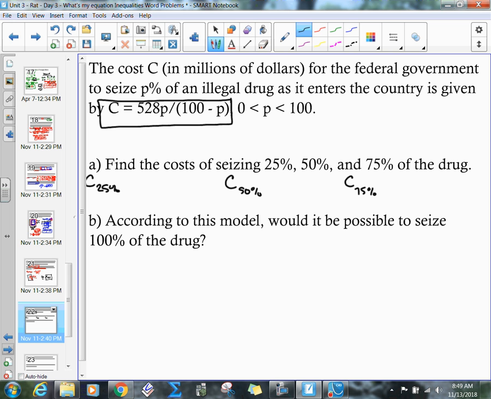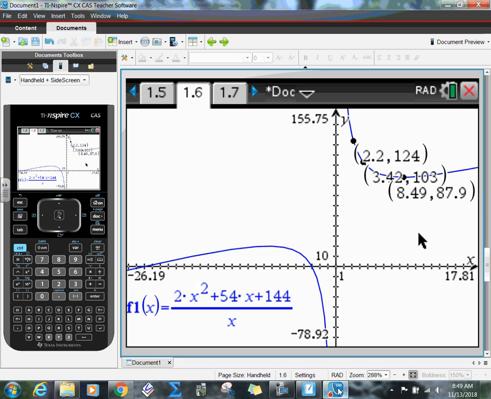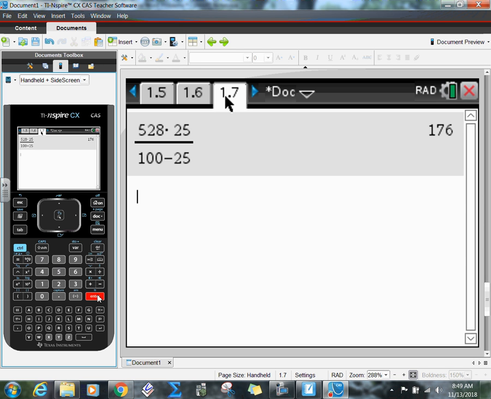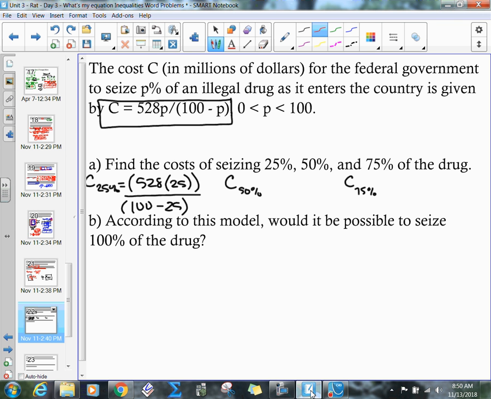Okay, so I'm going to plug in 528 times 25 over 100 minus 25. How much does it cost to just get rid of 25% of the drugs that come through our country? I plugged it in already, and it's $176 million.